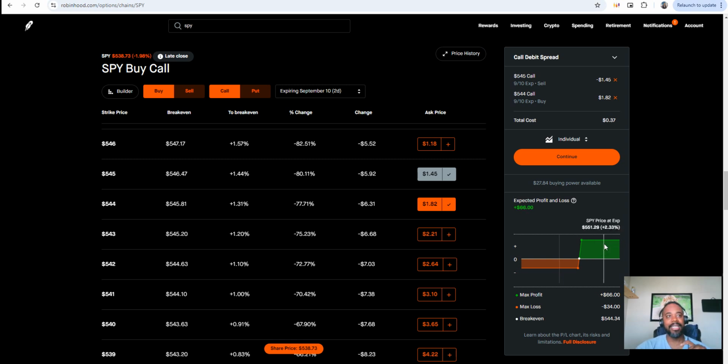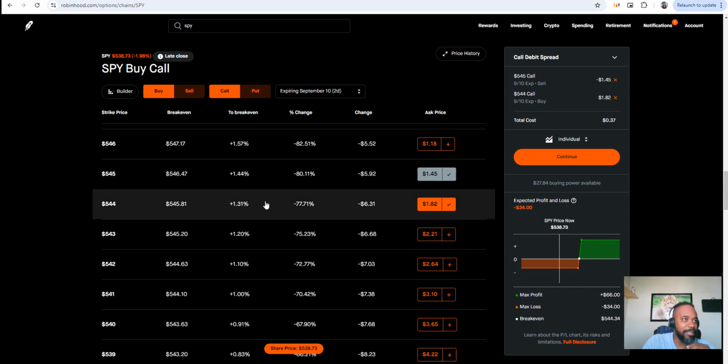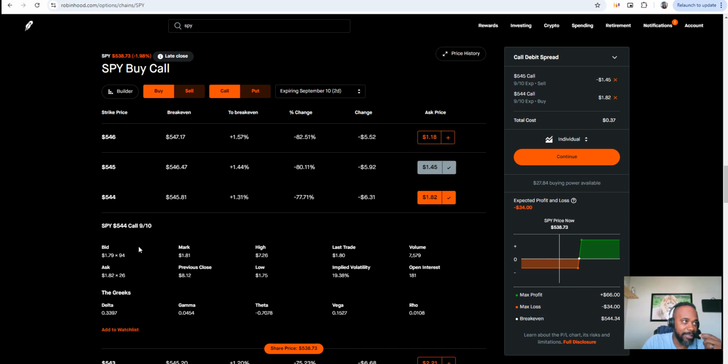Now, one of the things I like to say about the call debit spread is the bid and the ask, right? So if I click here, for example, you'll see bid and the ask below. So what tends to happen with the call debit spreads is you'll notice the bid and the ask will be wide, meaning you're probably not going to make the amount that you could potentially, and I've seen this a lot.